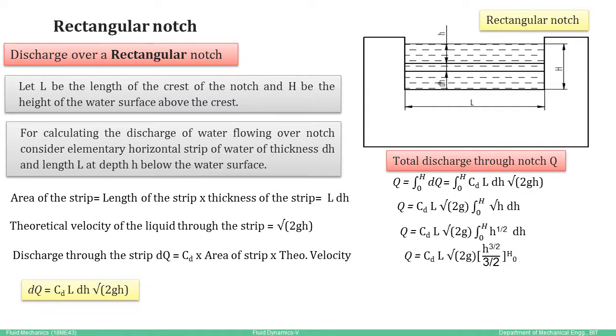Applying the limits, the lower limit is 0, so that term will be 0 completely. So we have the simplified expression for discharge over a rectangular notch: Q equals 2/3 into Cd into L root of 2g into H to the power 3/2. This is the expression for a rectangular notch.